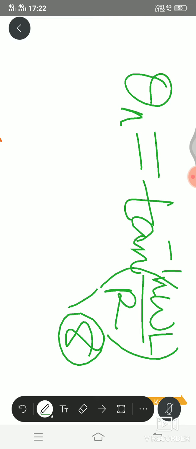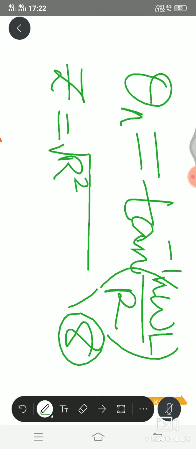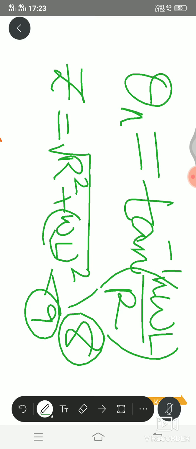Now what will be the impedance for an RL load? Impedance, if you write the magnitude, will be the square root of R square plus omega L whole square, equation number 9. This will be the impedance.